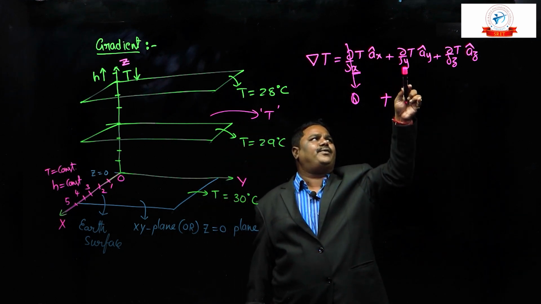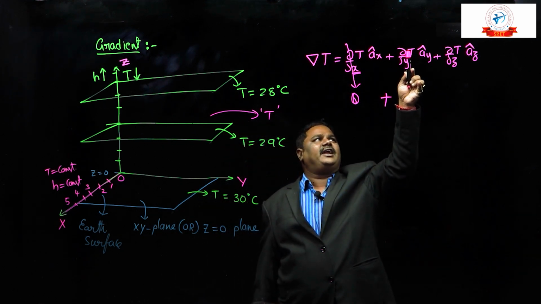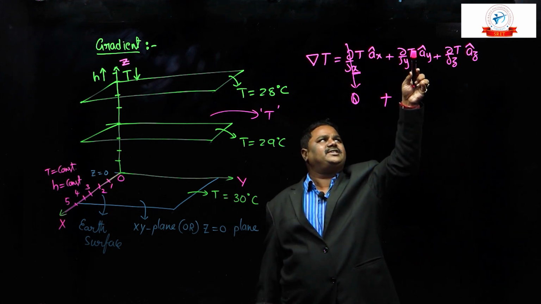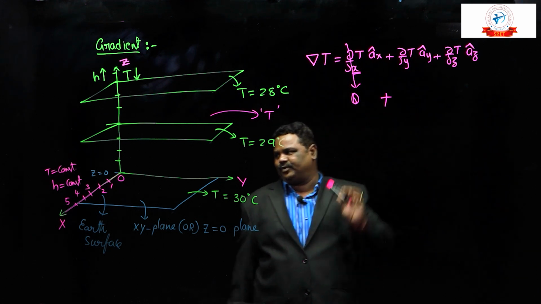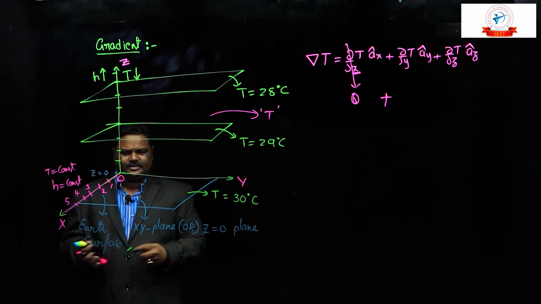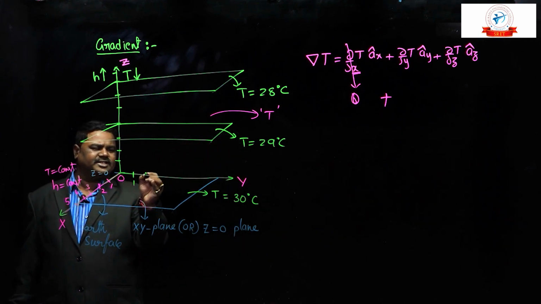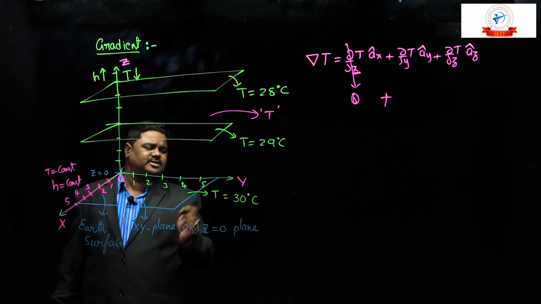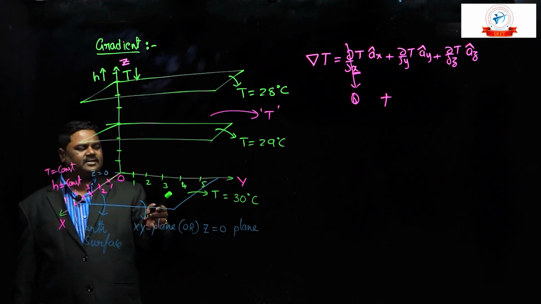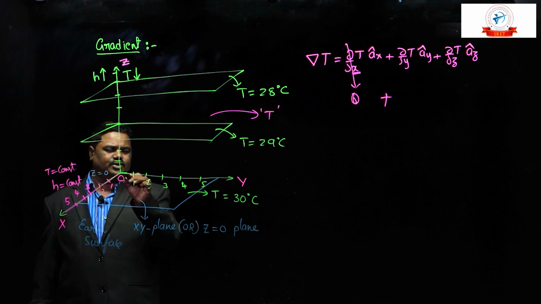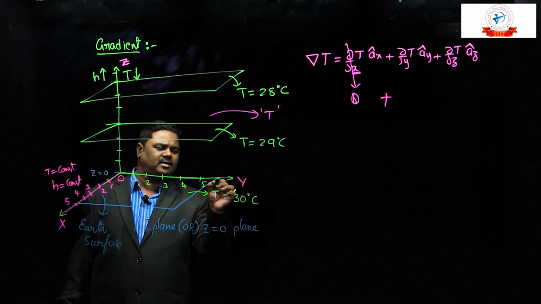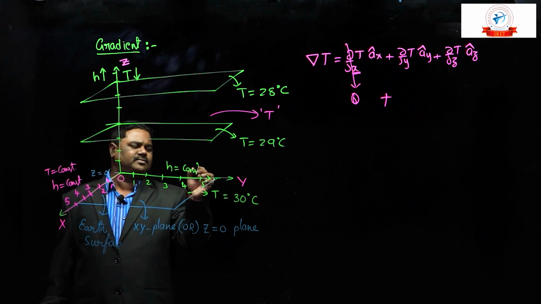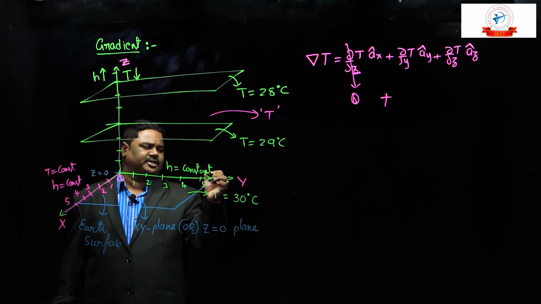Now consider the second term, dou by dou y of T. Here it is the rate of change in temperature T with respect to y, or how temperature changes with respect to y. Similarly, whenever we change the y values, what happens to the height from the surface of the earth? Height does not change. If we move along the y axis, height will remain constant.